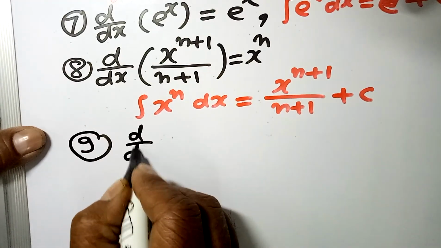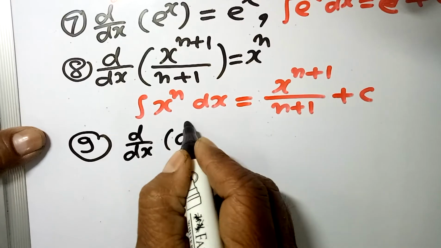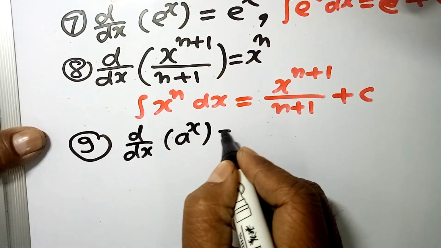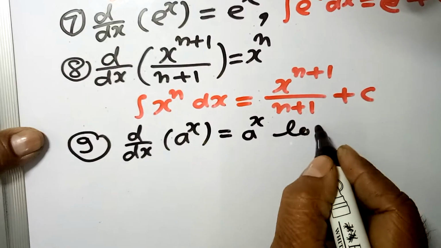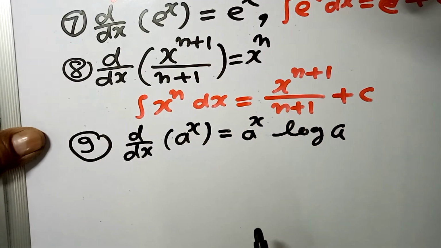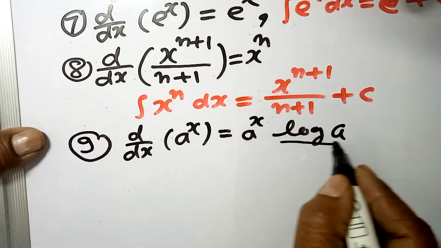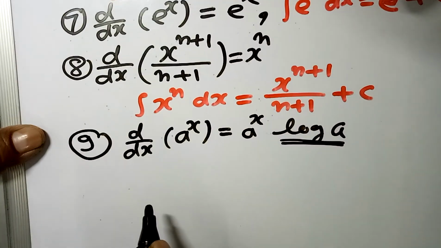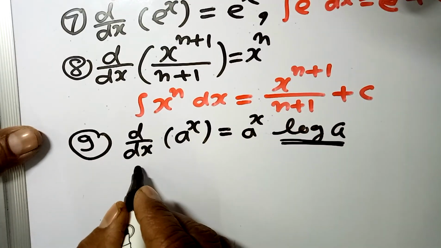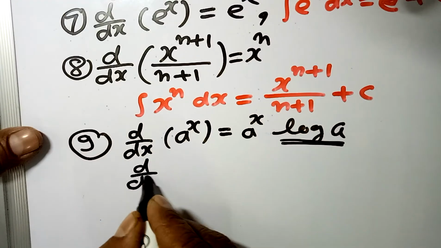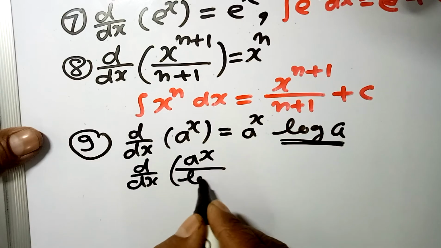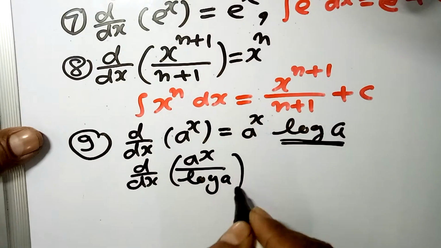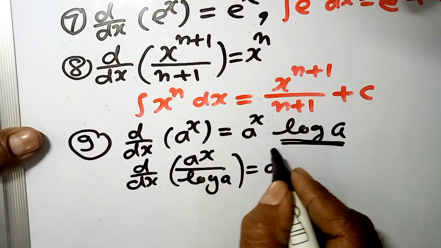Derivative of a to the power x is equal to a to the power x log a. That log a is constant, so it can be adjusted on the left side: d dx of a to the power x by log a will turn out to be a to the power x.